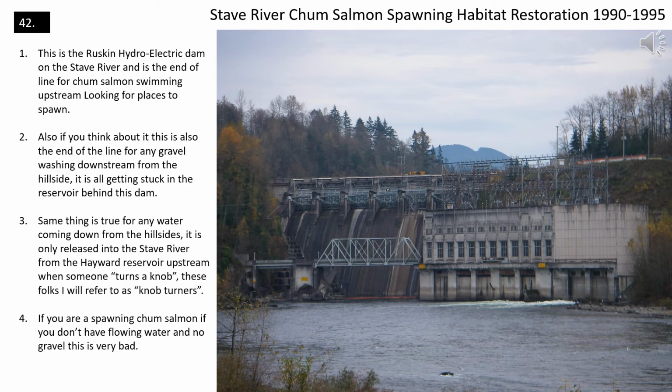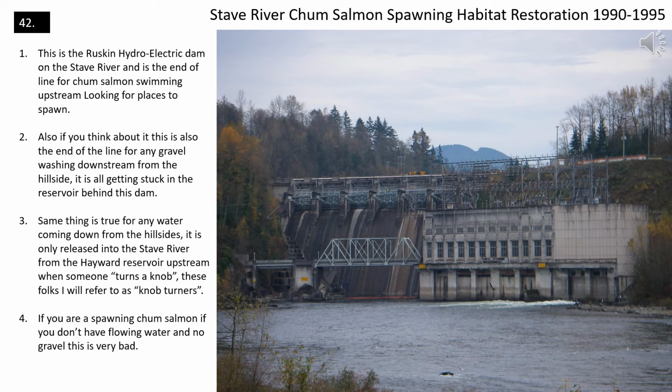So from here down about 1.5 kilometers, there is gravel on the stream bed, useful for spawning salmon, or a portion of it is anyway. So if you think about it, when you dam a river and create a reservoir or a lake, all the streams that would have fed gravel into the stream now feed gravel into the reservoir.